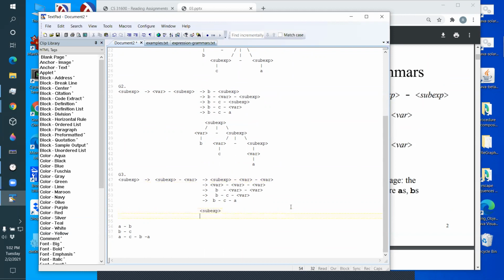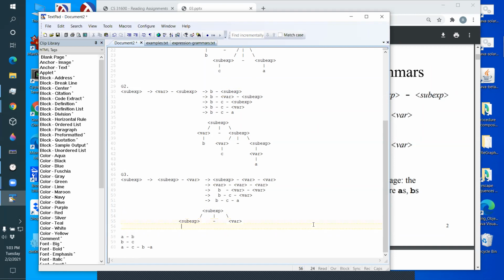Okay, there's the root. The root broke down into the left branch, middle branch, right branch. The left branch is sub-expression. The middle branch is the minus sign. And then we have there over here.